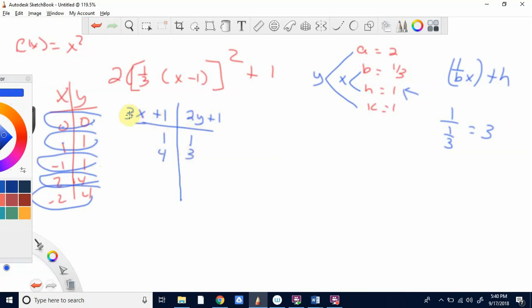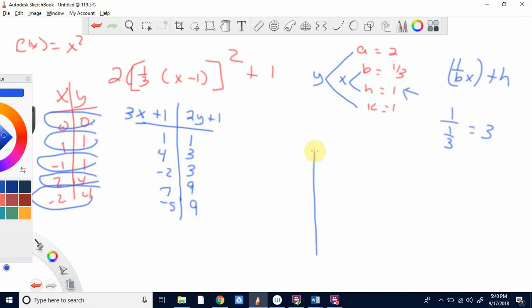Negative 1 times 3 is negative 3 plus 1 is negative 2. 1 again is 3. And if we put 2 in here, 6 plus 1 is 7, and 8 plus 1 is 9. This is negative 6, plus 1 is negative 5. And 8 plus 1 is 9.